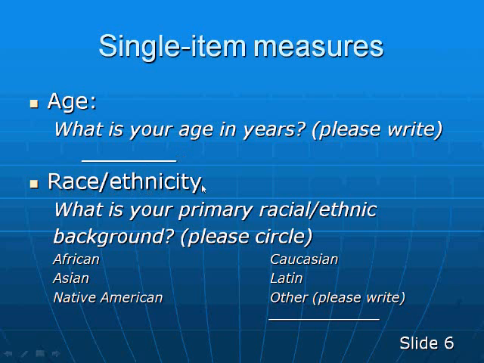Race or ethnicity. That's another example of a single item measure because all you need is asking one question. What is your primary racial or ethnic background? Please circle African, Asian, Native American, Caucasian, Latin, or other, and a person has the chance to write their background here.